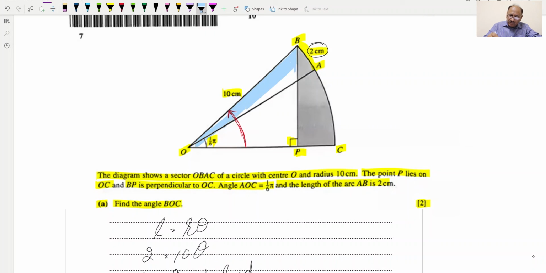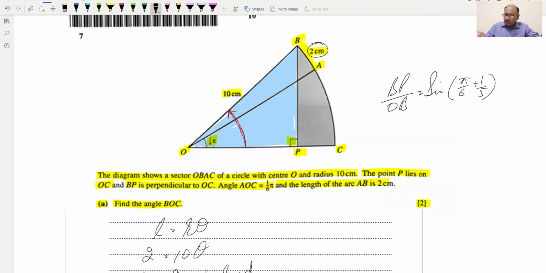Now we can consider this whole triangle, and the angle will be pi by 6 plus 1 by 5, and we need this height BP. So BP over OB will be equal to sine of the angle pi by 6 plus 1 by 5.